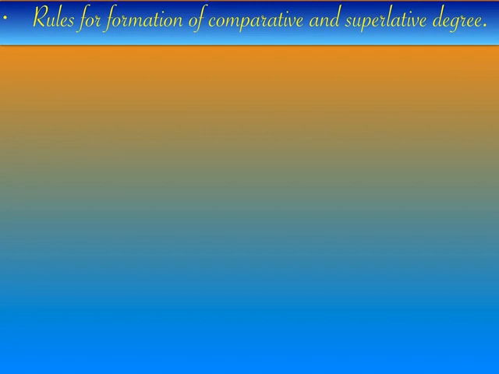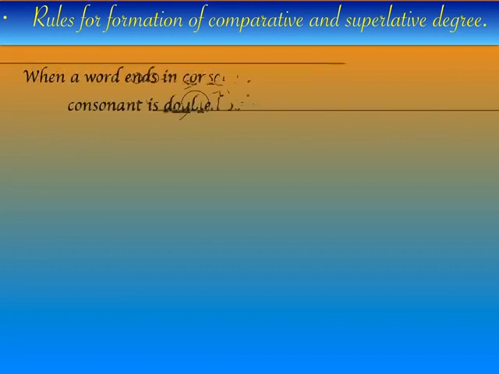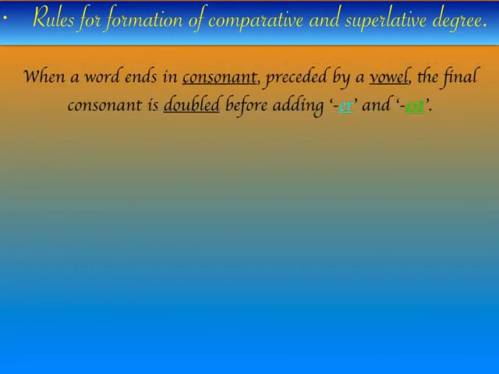So, the next rule for the formation of comparative and superlative degree says that when a word ends in consonant preceded by a vowel, the final consonant is doubled before adding ER and EST. So students, we have learned that normally the comparative and superlative degree are formed by adding ER and EST respectively.